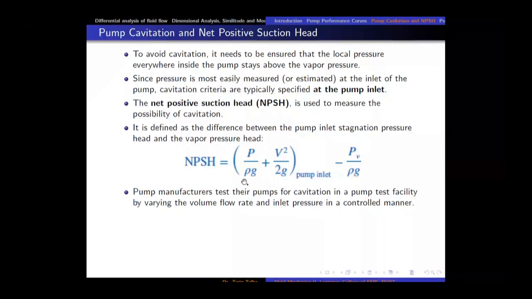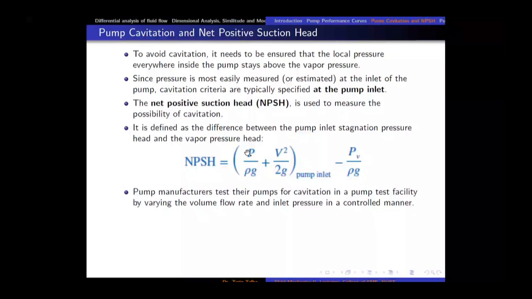So pump manufacturers, first of all, test their pumps for cavitation. How do they do that? They increase the volume flow rate. When they increase the volume flow rate, it means that they need more suction, and less pressure at the suction side, so that the fluid can be sucked in with the higher volume flow rate.